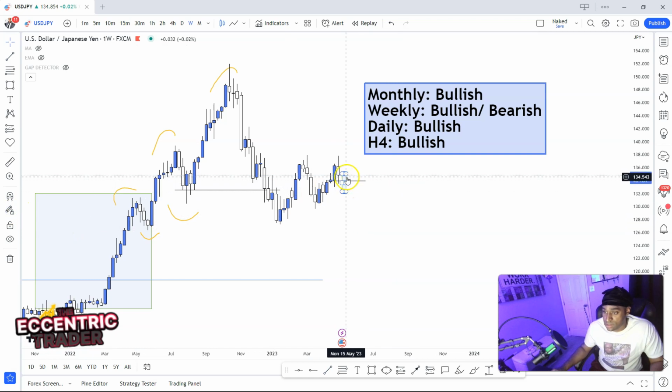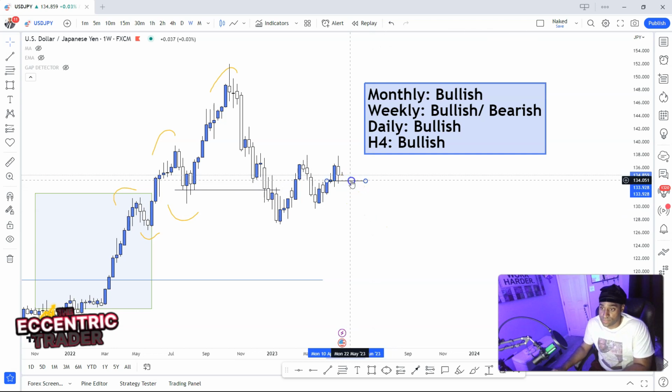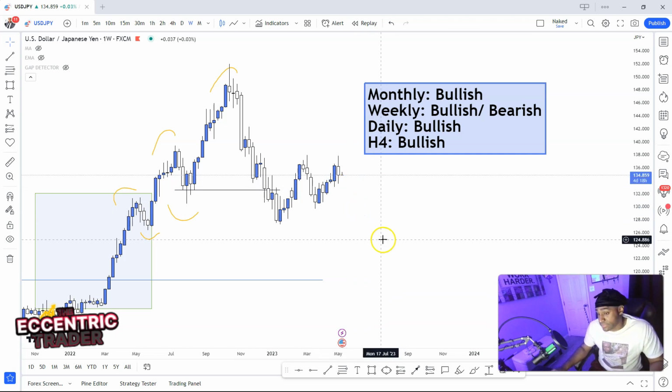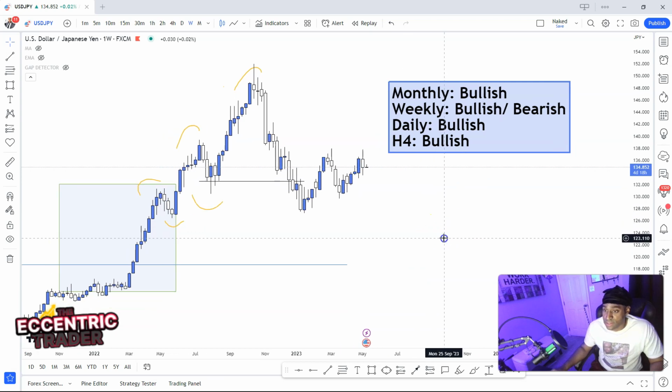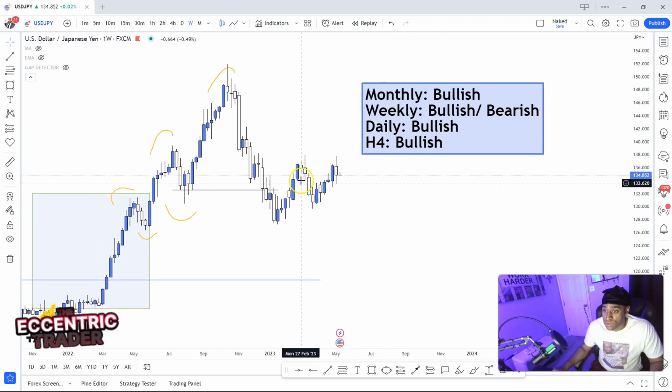That would be considered a test. This would be a bearish candle though, so a white candle, right? Now, if it does that, I don't know. It could potentially be going down, right? So be open to it.